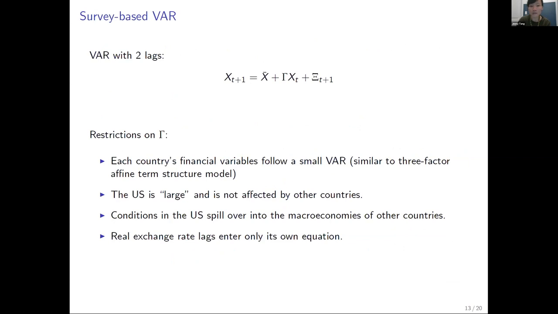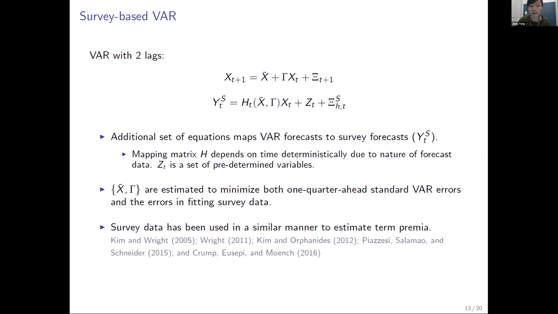We make some restrictions on the VAR matrix of coefficients itself so that it's not over-parameterized. And importantly, the innovation here is that we're adding a set of equations that map our VAR-implied expectations to the survey forecasts that we have data on.